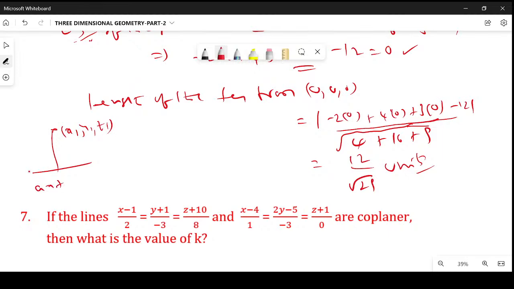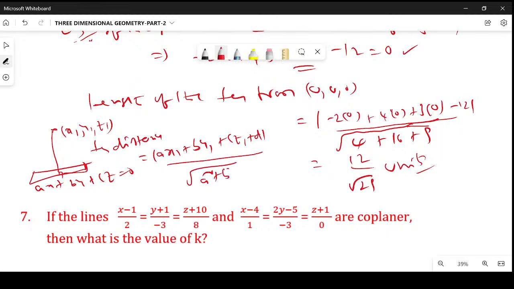They are given the plane equation ax plus by plus cz plus d equal to 0, just a rough form. So the perpendicular distance equals mod of ax1 plus by1 plus cz1 plus d by root of a square plus b square plus c square.